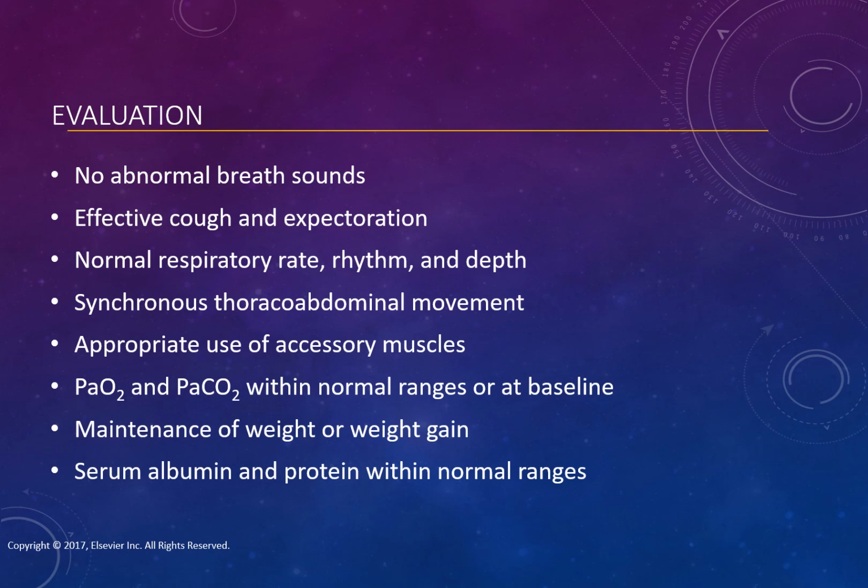Appropriate use of accessory muscles, we want our ABGs to be within normal ranges, maintenance of weight or weight gain if they had lost weight, and then our serum albumin and protein within normal ranges. Additionally, we want to make sure they have urine output minimally greater than 30 mLs per hour, no edema or potentially trace edema that's resolving. All of those things are going to be our expected findings for the patient to have recovered.